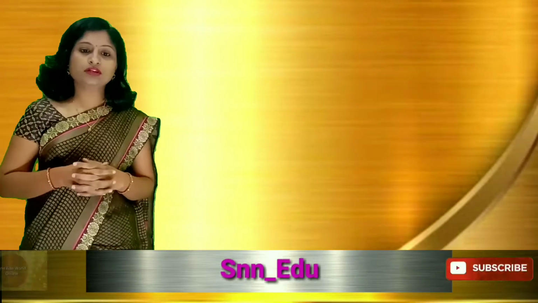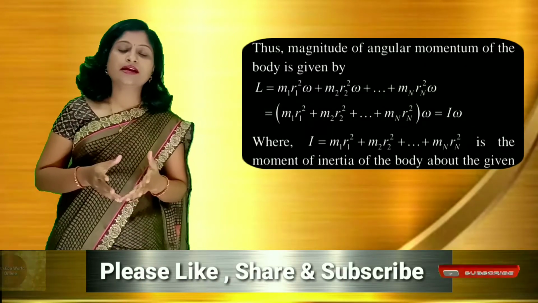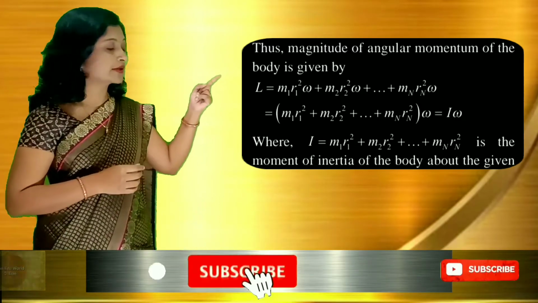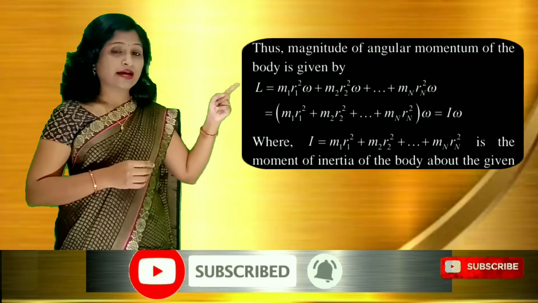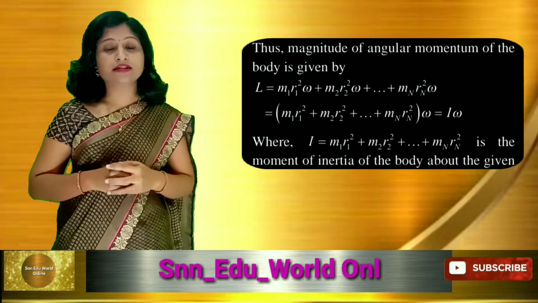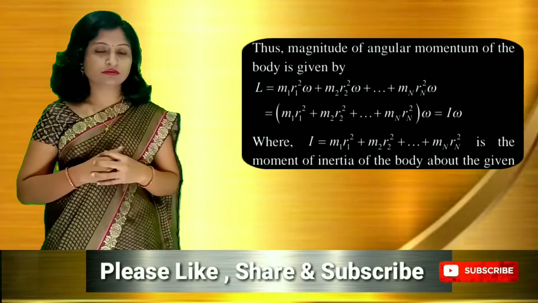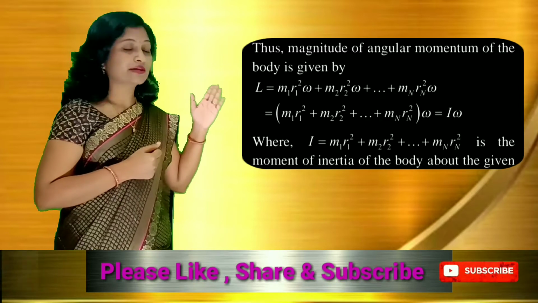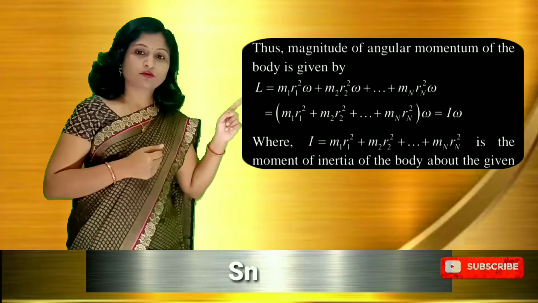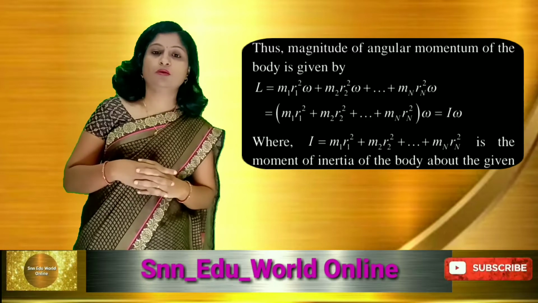Now find the total angular momentum, that is L. Similarly, add the angular momentum of each particle. So total L will be m1 r1 square omega plus m2 r2 square omega up to mn rn square omega. Observe each term: omega is common. So take it common. We write L is equal to m1 r1 square plus m2 r2 square up to mn rn square in a bracket, and outside the bracket omega is common.